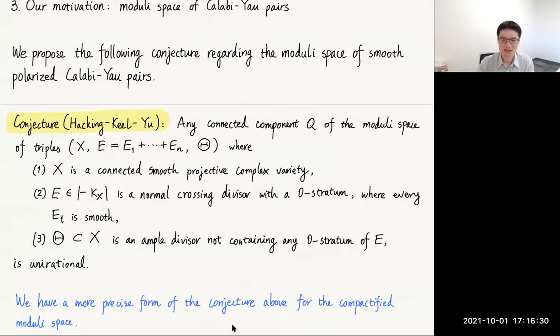Now let me introduce some extra notions from birational geometry for the study of these moduli spaces. As we know, in order to compactify moduli spaces, we need to take singular varieties into the picture.